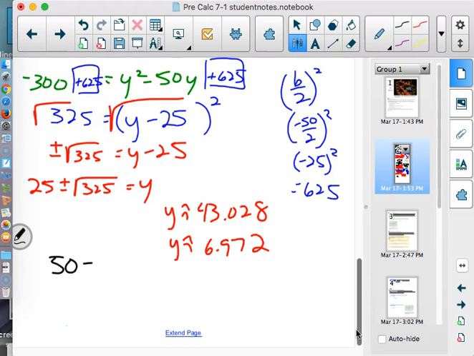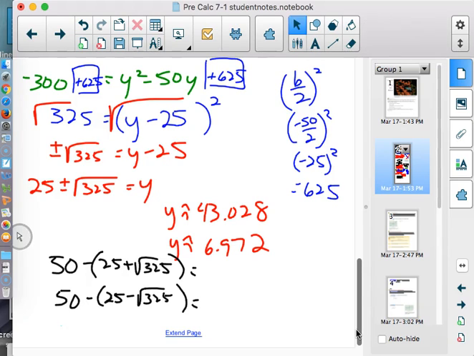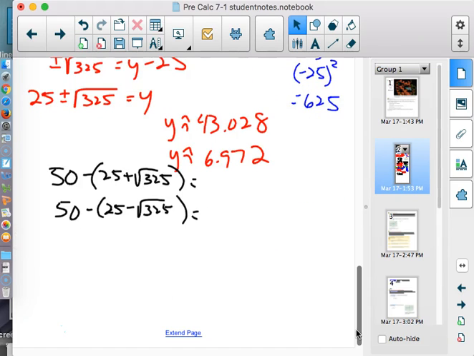50 minus 25 plus the square root of 325, and 50 minus 25 minus the square root of 325. And that's because we don't want any rounding errors. We want to have it exact.